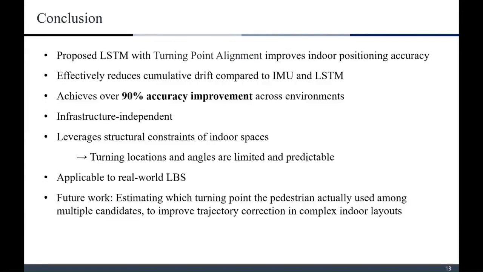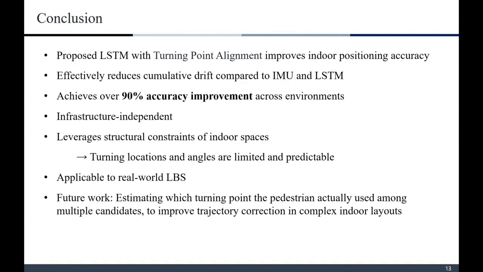To conclude, our proposed LSTM with turning point alignment significantly improves indoor positioning accuracy. It effectively reduces cumulative drift compared to both IMU-only and conventional LSTM methods. Across different environments, it achieved over 90% accuracy improvement.